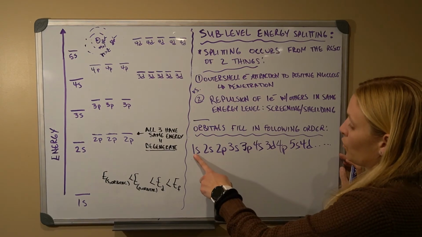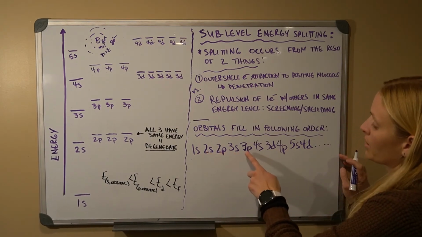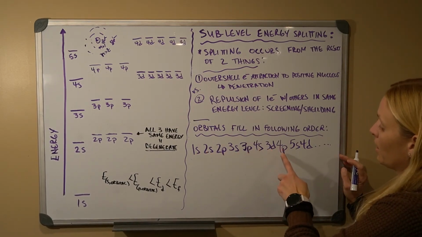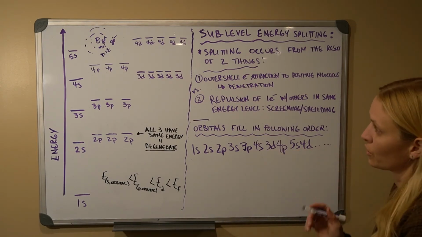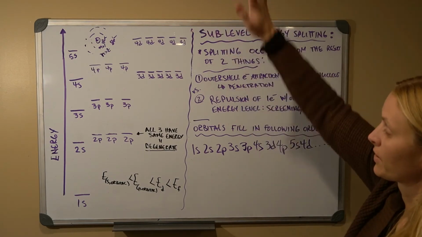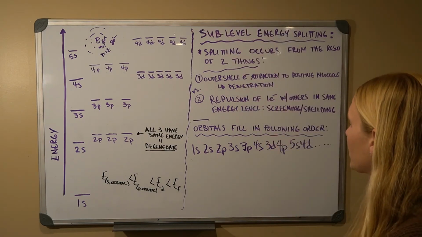So: 1s, 2s, 2p, 3s, 3p, 4s, 3d, 4p, 5s, 4d, and so forth. And then you have your f's in there, and then you get up to the sixes.